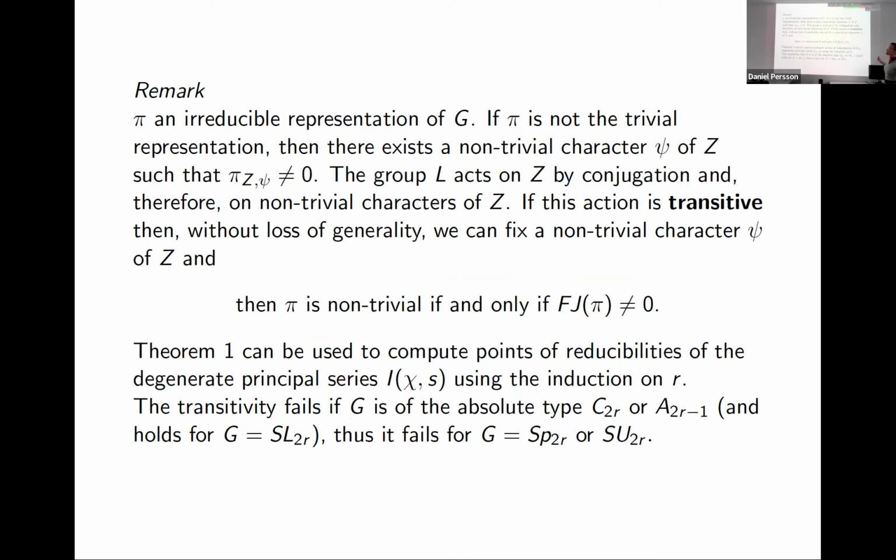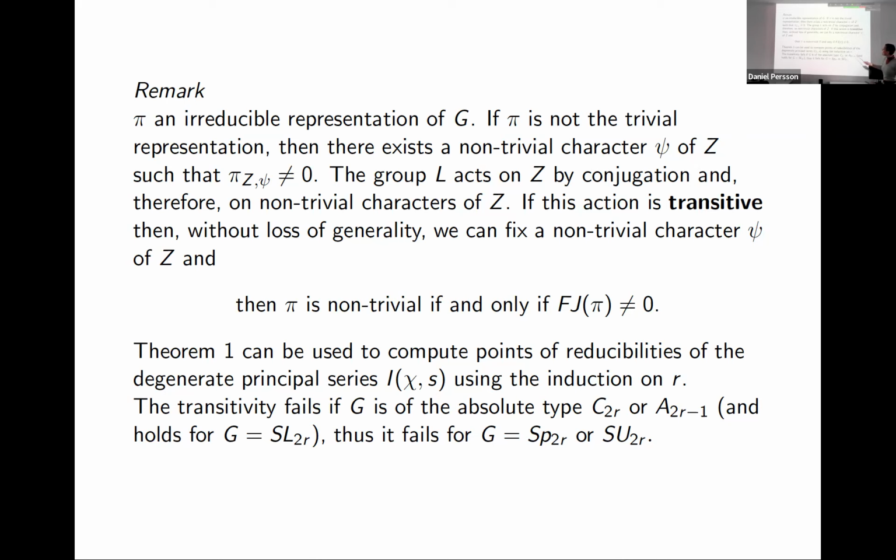If this action is transitive, then we can fix a non-trivial character, and then this follows. Phi is non-trivial if and only if the Fourier-Jacobi functor with respect to psi, or any other psi, is non-zero. This follows from the Bernstein-Zelevinsky localization lemma.